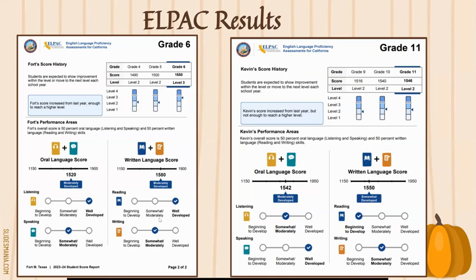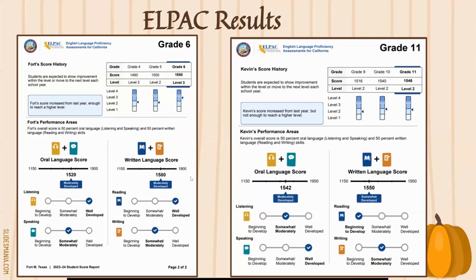Now, what we want is every year for the student to be able to make progress and growth, right? So if we go on to the next year, which is 5th grade, it's at 1500, and it's at a level 2. So if we really take a close look here, there really was not a lot of growth from one year to the next, right?